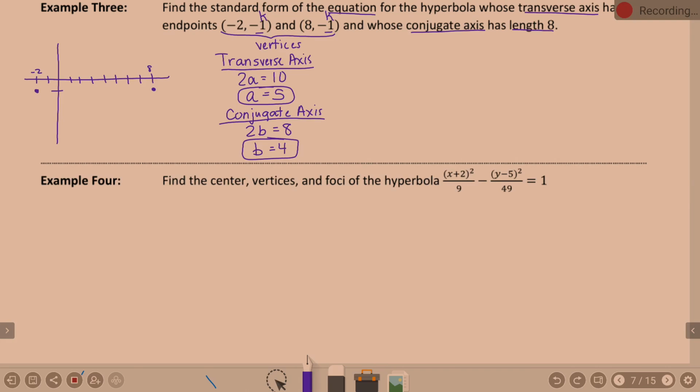Well, we know A and B. What else do I still need to know? H and K? Or we could argue we already know K. But what would be an easy way to find H and K at this point? What do H and K represent?